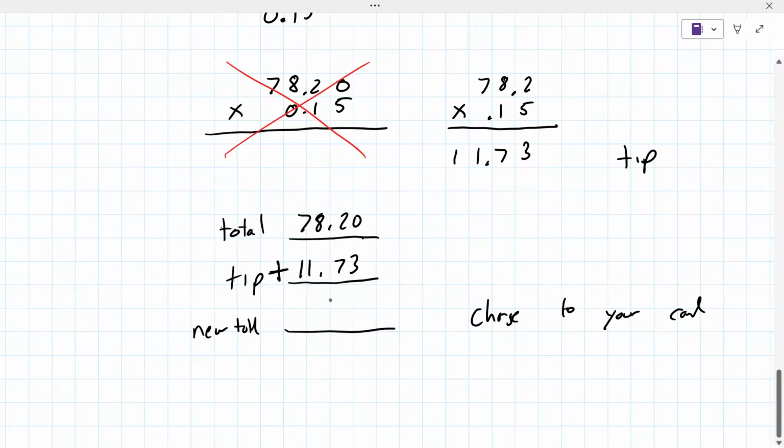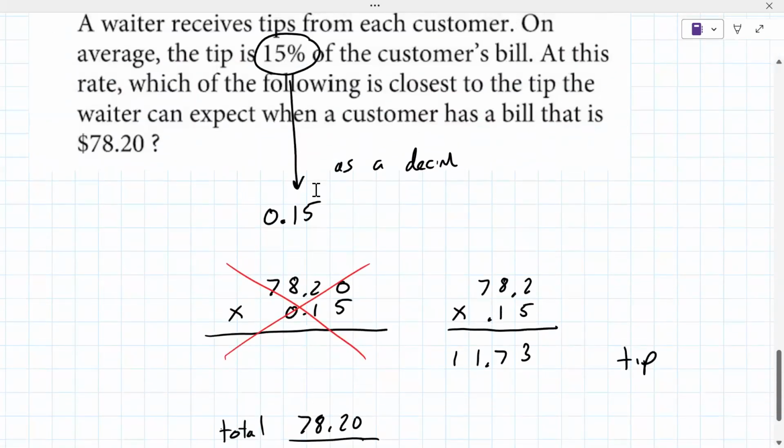So go ahead and add those together for us, please. 89.93. Very good.